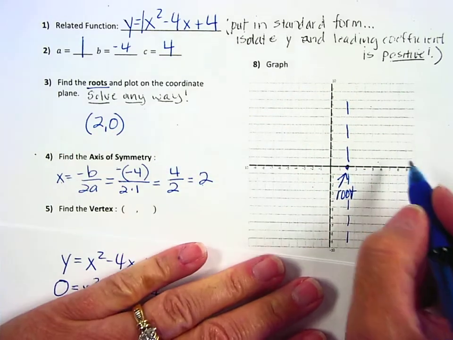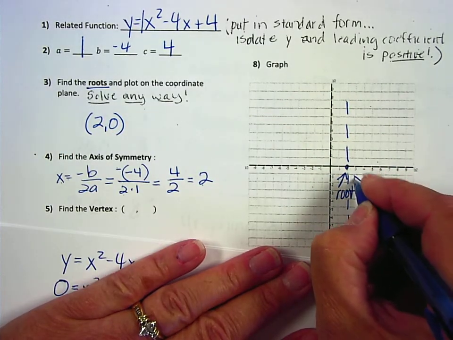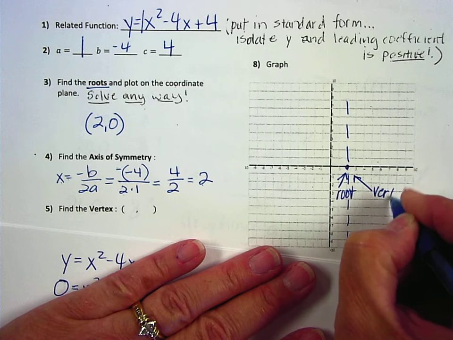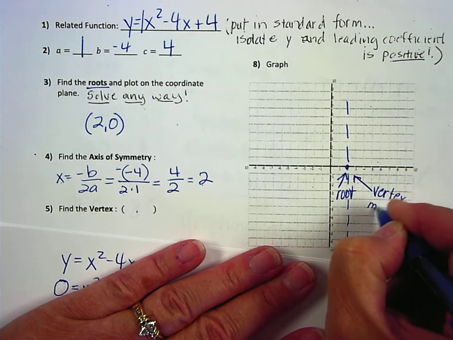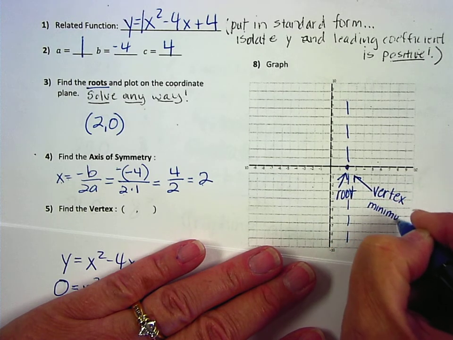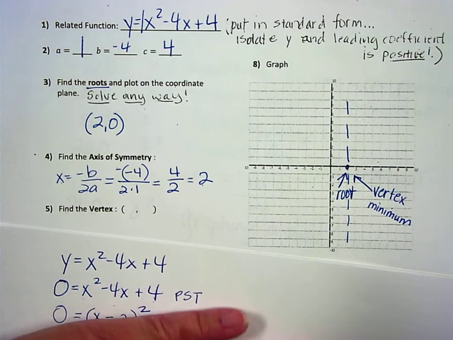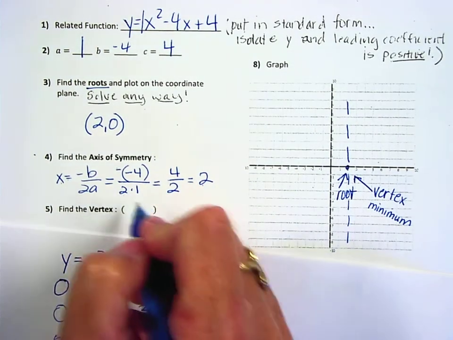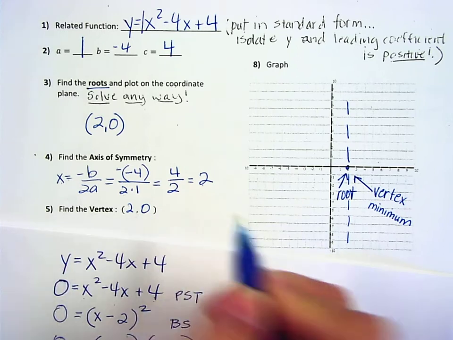So this is not only my root, this is also my vertex, or the minimum point on my parabola. So the vertex is also (2, 0).